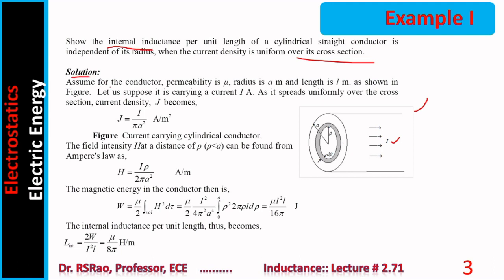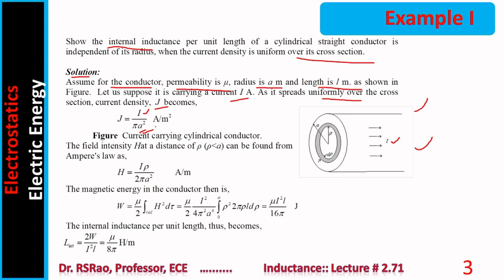Solution. Assume for the conductor permeability is mu, radius is a, length is L meter. Suppose it is carrying a current I amperes, spread uniformly over the cross section. Therefore, current density J is I, total current in amperes, divided by cross sectional area, that is pi a square.